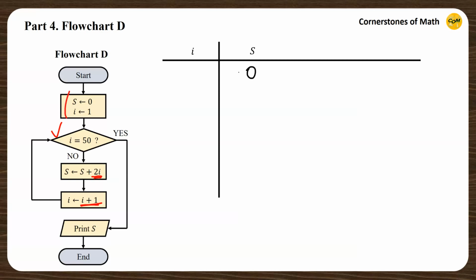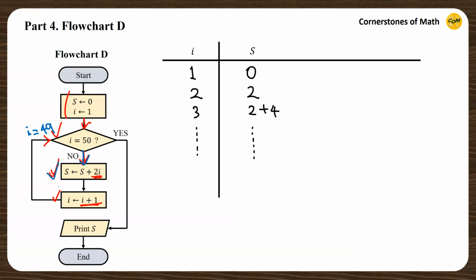Starting from S equals 0 and I equals 1, we go to here, then S becomes 2, and then I becomes 2, then we are back to here, so S becomes 2 plus 4, and I becomes 3, and so on, until we have I equals 49 here.